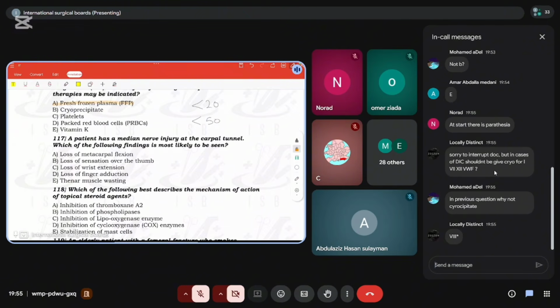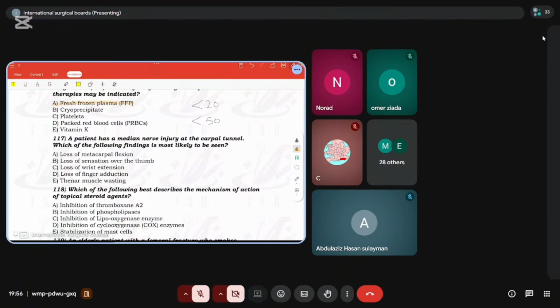So guideline-based, fresh frozen plasma is usually the favorable blood product to be given in DIC to replace all of the coagulation factors, because simply all coagulation factors are affected. But I agree with you, cryoprecipitate is given, especially if the main issue is hypofibrinogenemia, mainly because it's rich in fibrinogen. Okay?